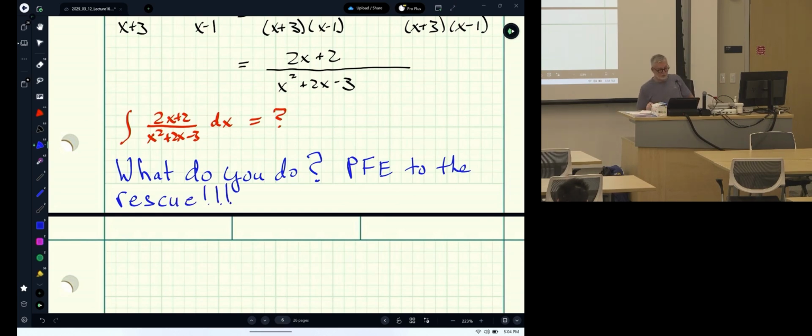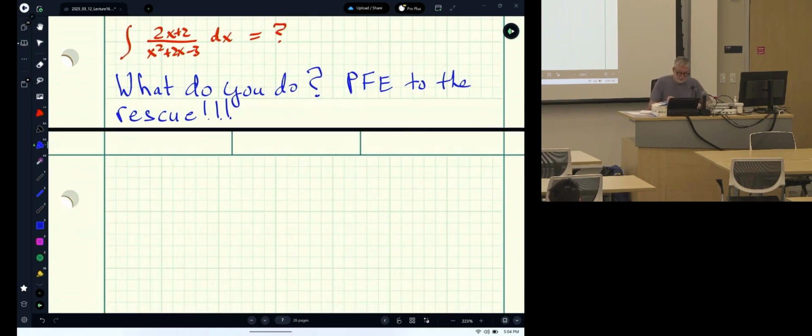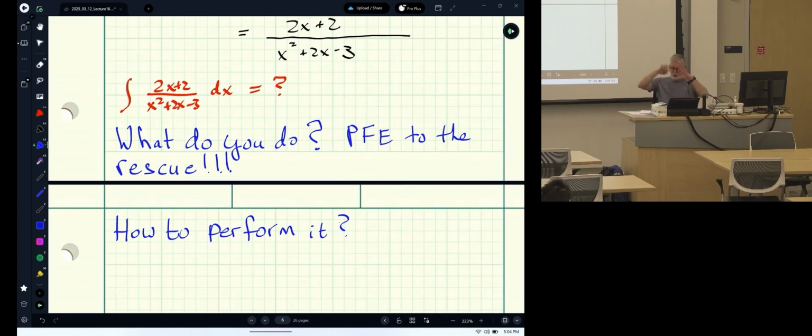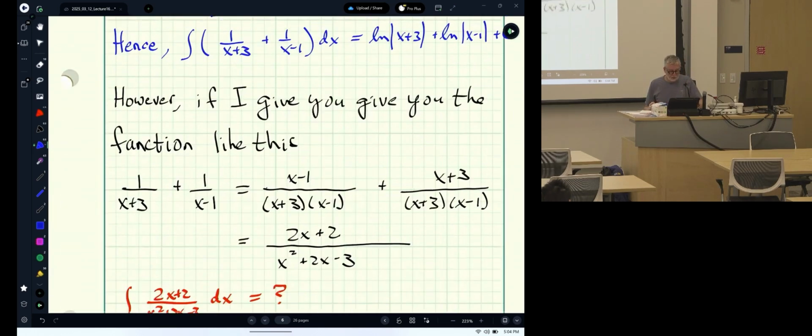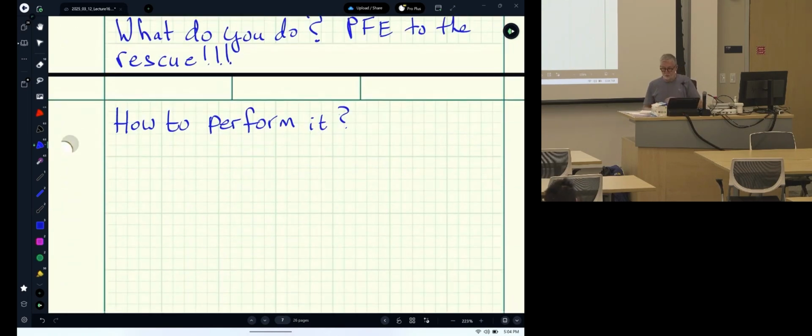PFE, partial fraction expansion. So, how to perform it? What we want to do is start out with one of these more complicated rational functions and break it up into its first order parts using roots.